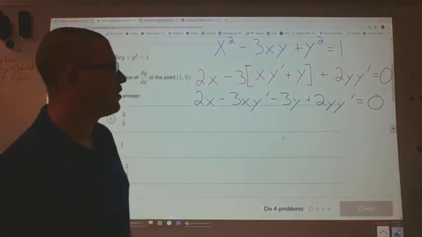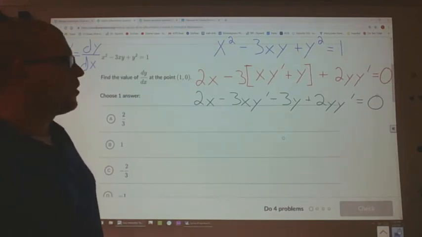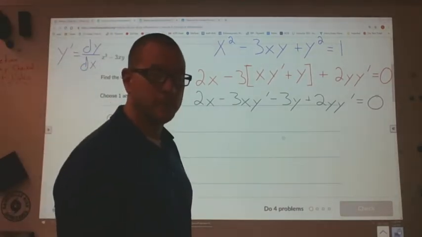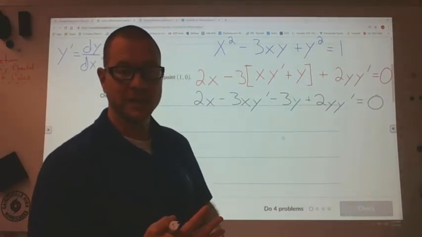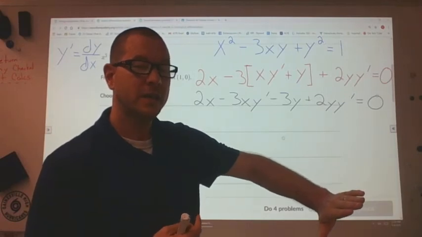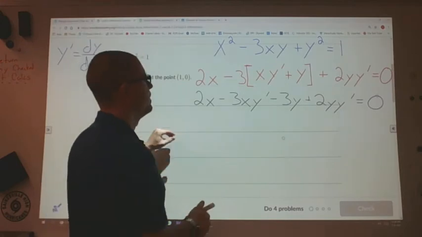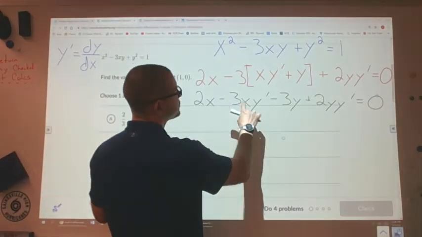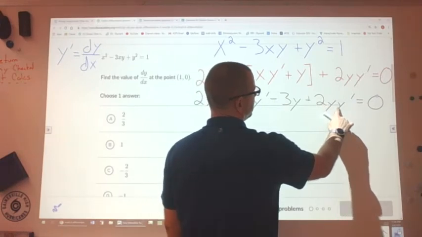Going back all the way to algebra 1, where we remember that if we want to solve for a specific variable, all we have to do is make sure that that variable is collected on one side and everything else is on the other side, and then just combine like terms and divide out. So that's what we're going to do. I need the minus 3xy prime and the 2y y prime to stay.